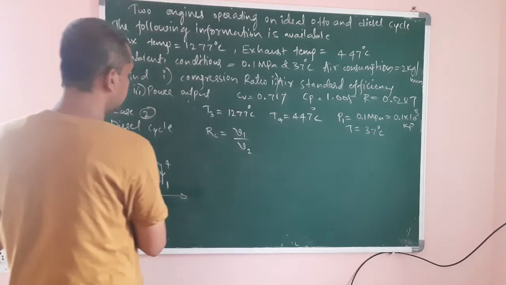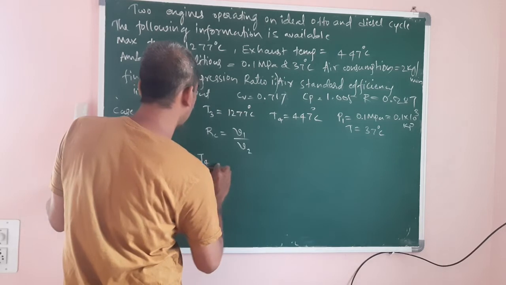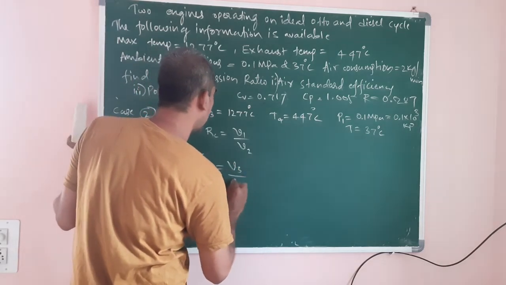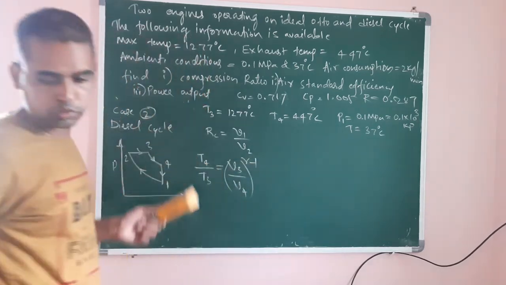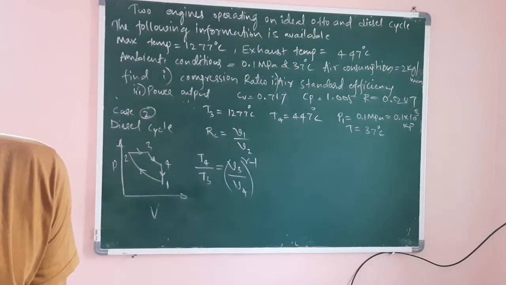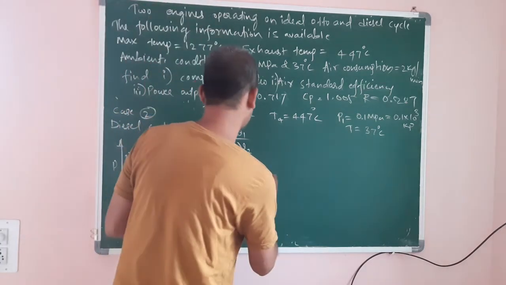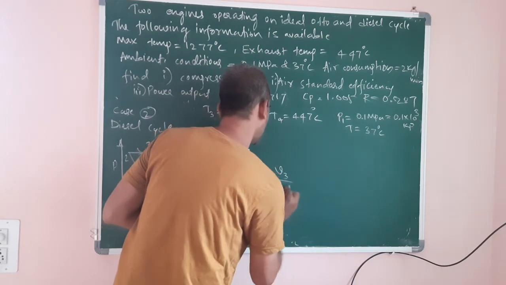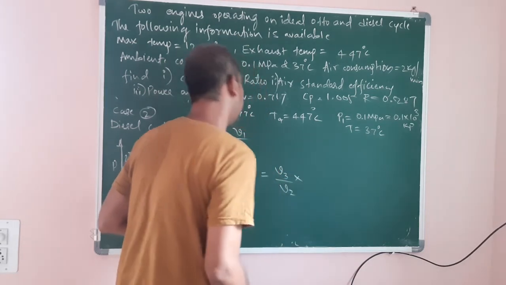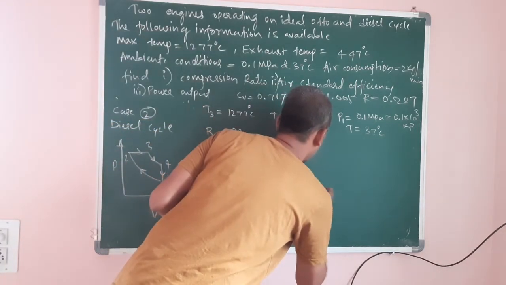T4 by T3 is equal to (P4 by P3) raised to gamma minus 1. This I can still write like this: P3 by P2, I will substitute, multiply and divide by P2, into P2 by P4.